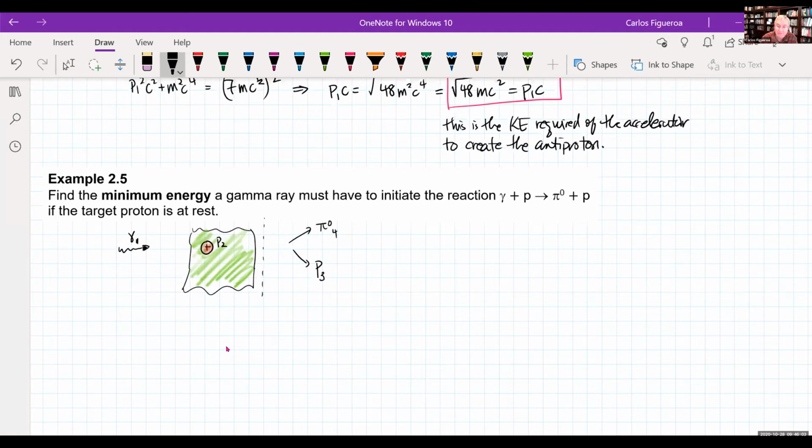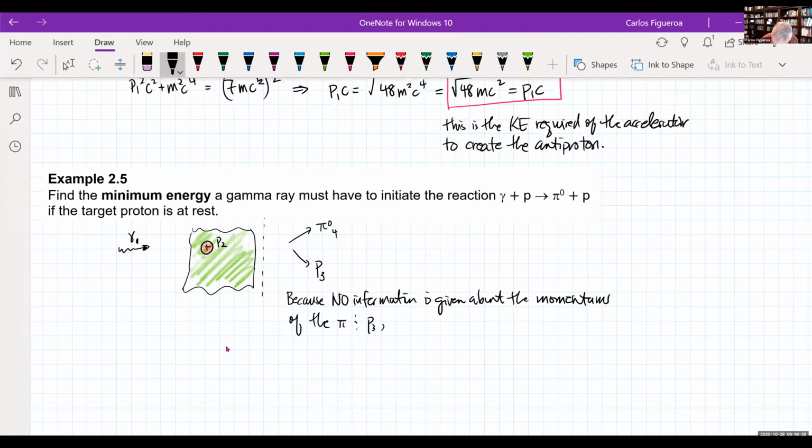Because no information is given about the momentums of the pion and proton 3, the center of mass frame is crucial here, or critical to use, because you can't solve this problem. So it's super critical that you use a center of mass frame.